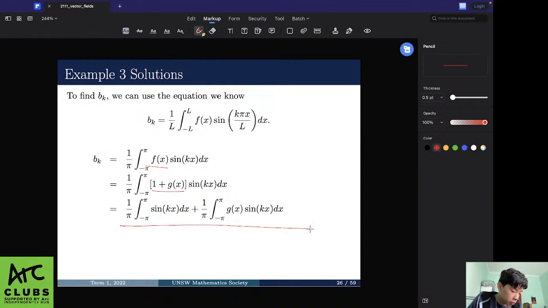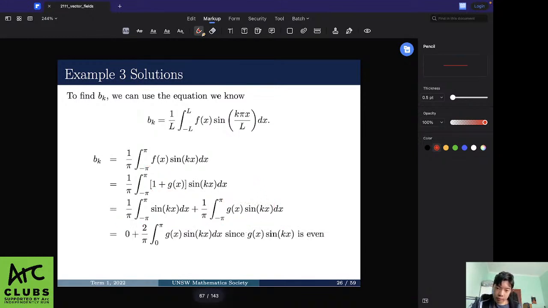We split the integral, and we know that g is odd and sine is odd, so overall it's even. Now this is also sine, so we can do the integral by itself. If we calculate the integral of the sine, we get 0, but then we can shrink the bounds from minus pi to pi into 0 to pi, and then multiply by 2 since it's even.